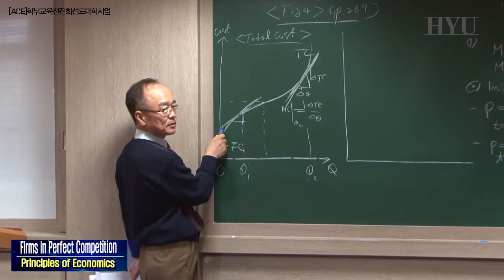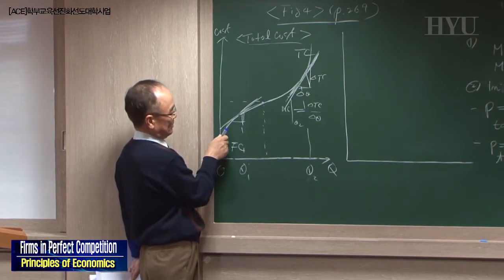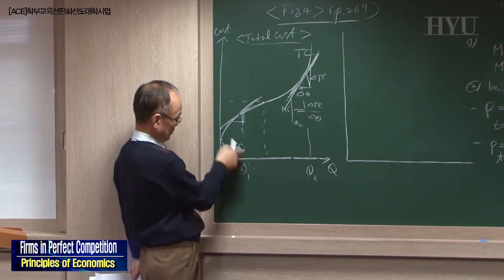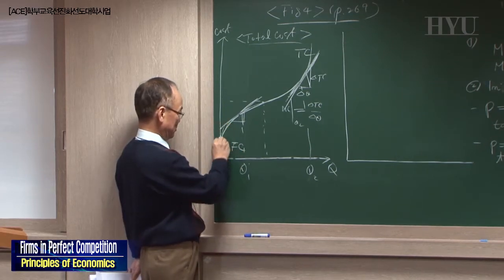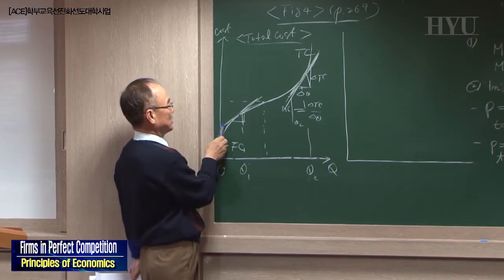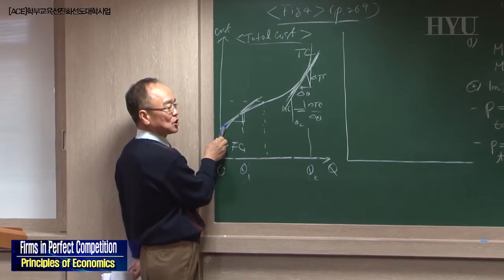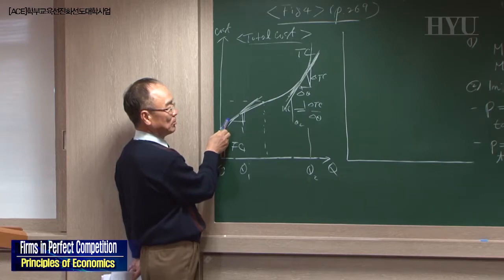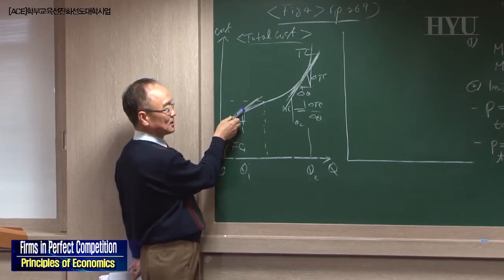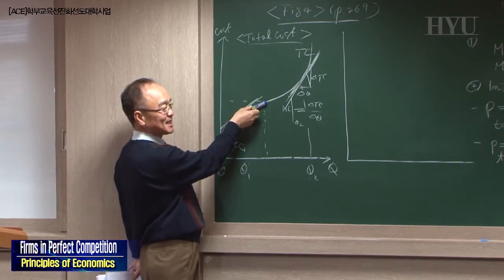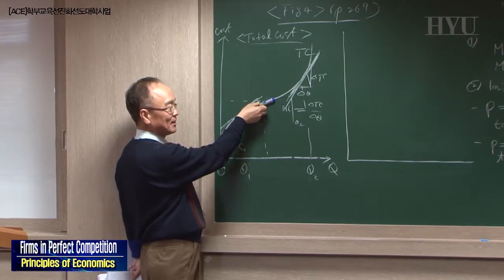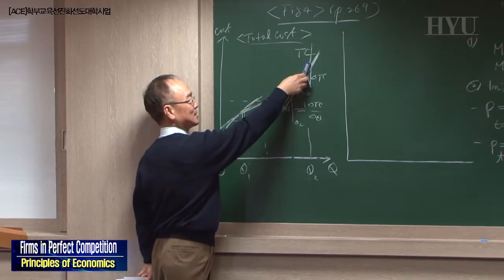So at 0, marginal cost is not 0 or infinity, but a defined number, because we have a slope here anyway. So a given slope is the marginal cost at point 0. Then initially the slope decreases, and then here it turns around and increases.